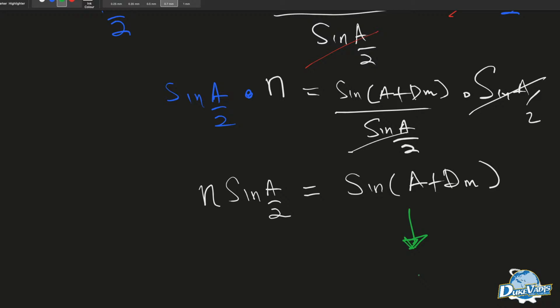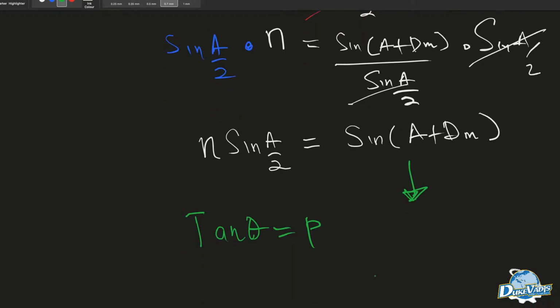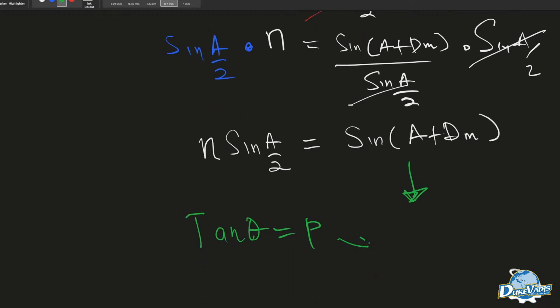We know that if we have tan theta equals P, and mathematically I want to make theta the subject, I will say that theta equals tan inverse of P. That is how I can make theta the subject.